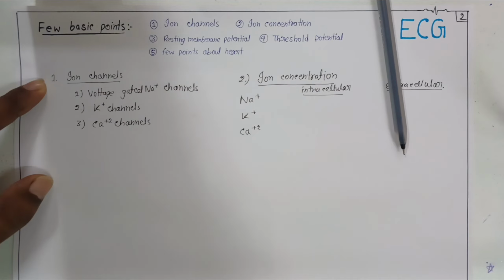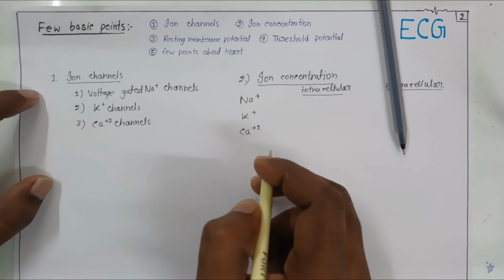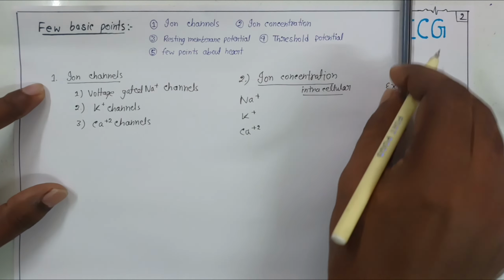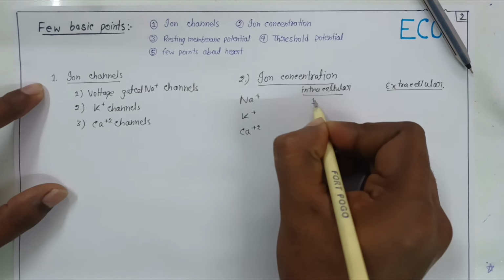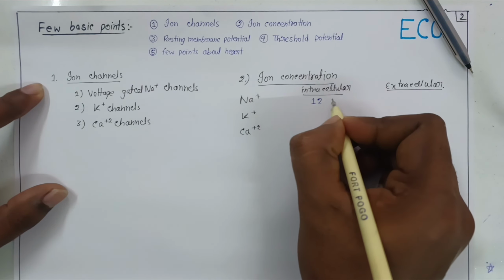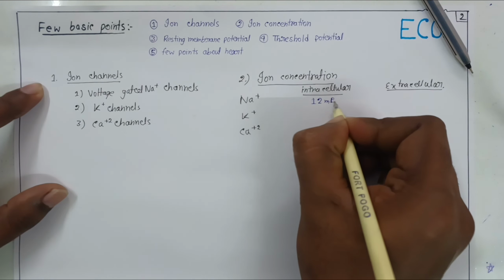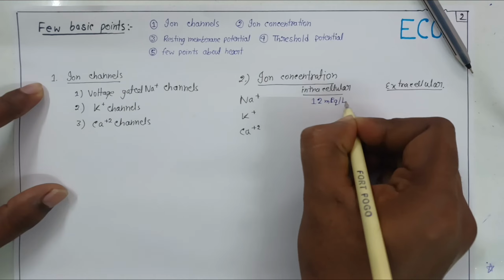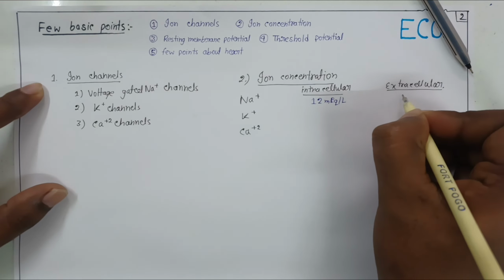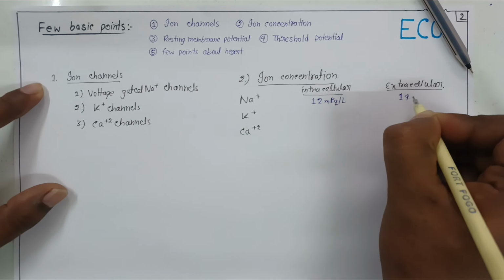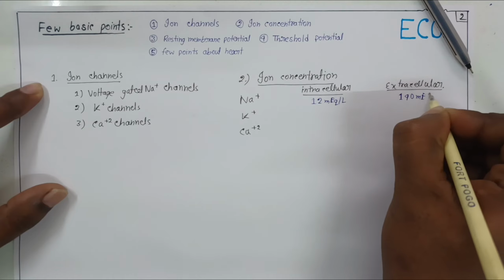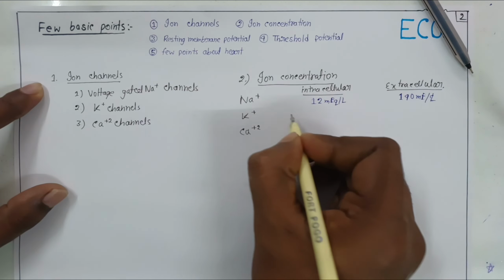So intracellular concentration of sodium is about 12 milliequivalent per liter, and extracellular concentration is about 140 milliequivalent per liter.